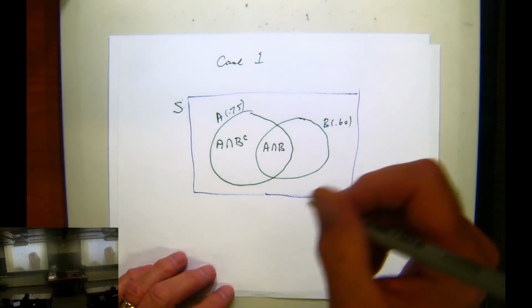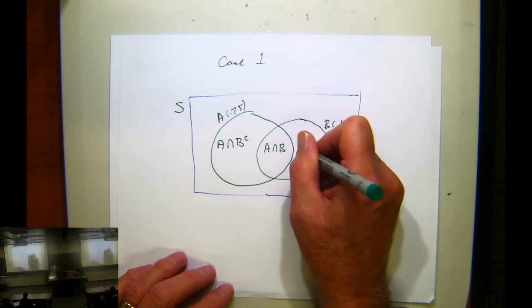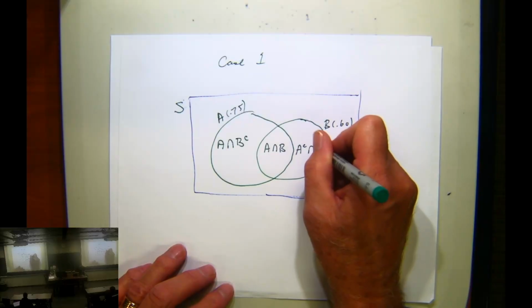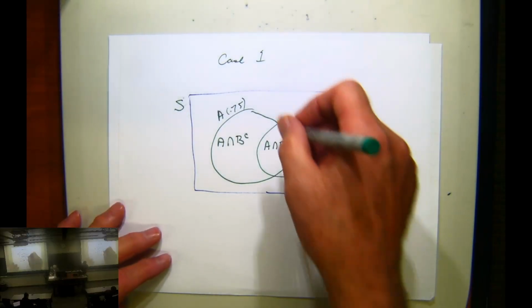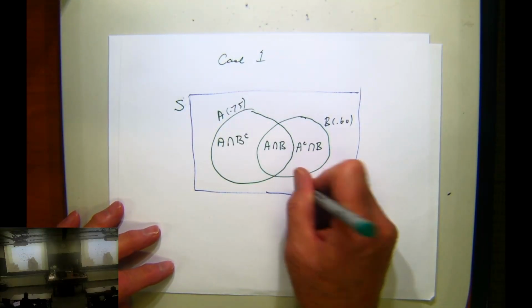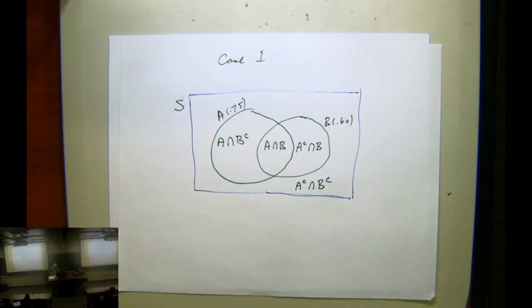If we are in this intersection, what is this intersection? This is A doesn't occur and B occurs, but what about the individuals that have neither A nor B? Oh, they're outside. Okay, so they're in the intersection A complement, intersection B complement.